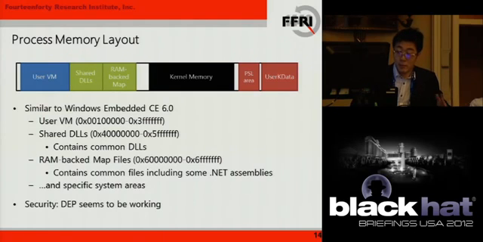Unlike Windows CE 4.2, which is used by Windows Mobile 6, all processes are properly separated, just like Windows NT. This is pretty good. I used native code to generate a memory map, and it seems DEP, data execution prevention, is working quite well. However, I discovered an application issue. I will talk about this in the exploitation part.